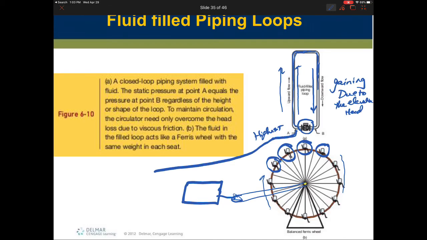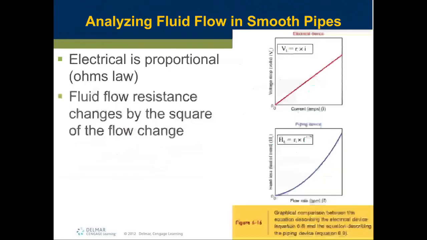So in a closed loop system, all that determines the resistance the pump has to overcome is what we call the viscous friction. It's the frictional loss that goes on in a system. That's all you have to compensate for. In electrical systems, Ohm's law was very proportional.